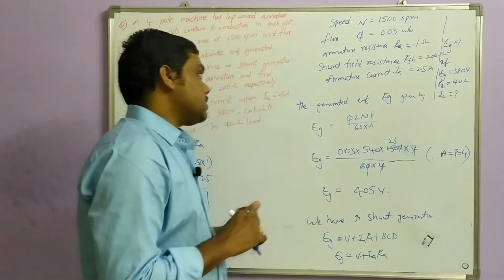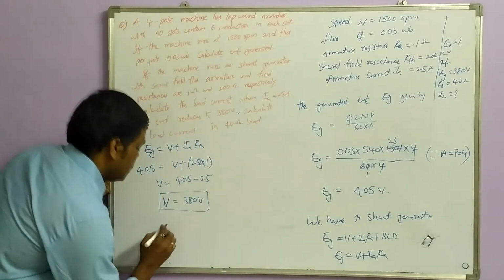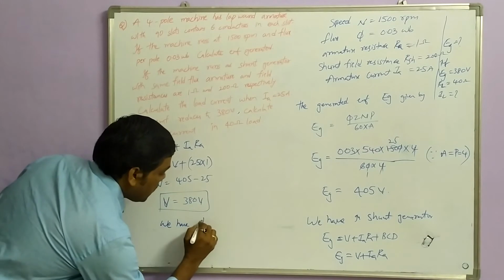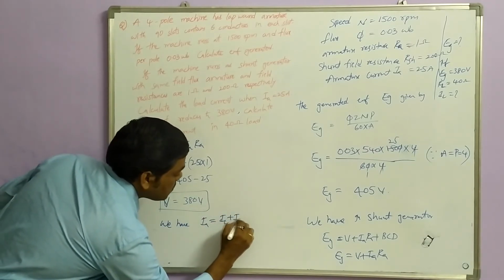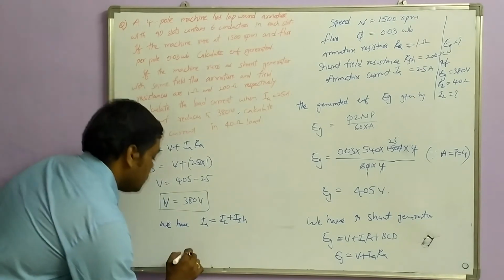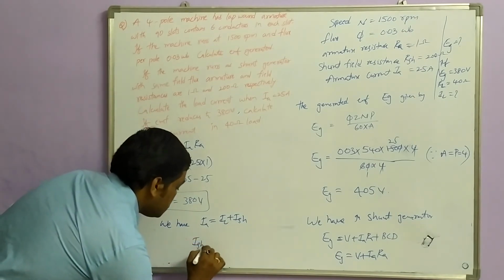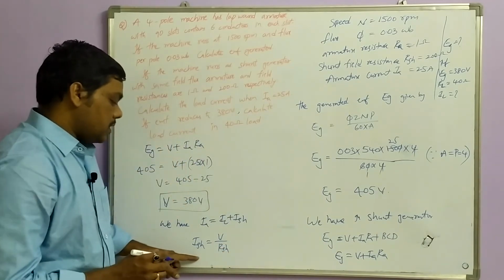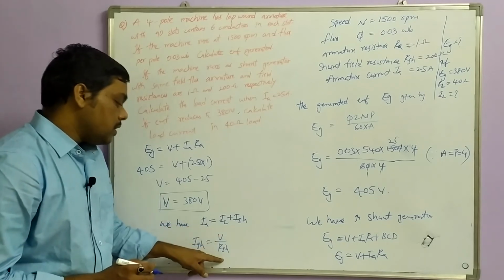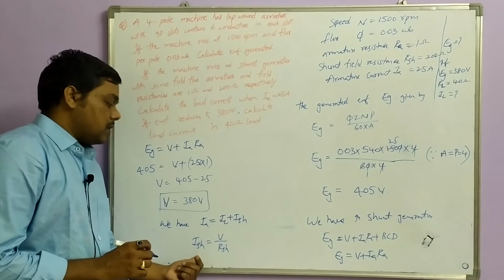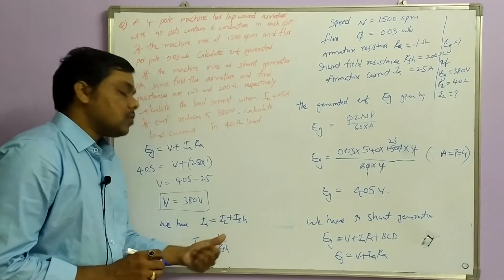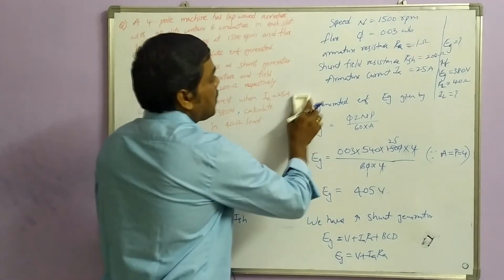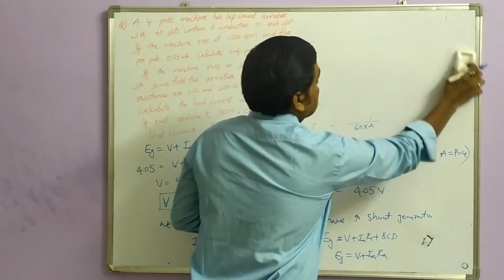We have IA is equal to IL plus ISH, and ISH is equal to V by RSH. The shunt field current in a shunt generator is given by V by RSH. Once you get the armature and shunt currents, the load current is easily determined. So let us proceed with the load current calculation.